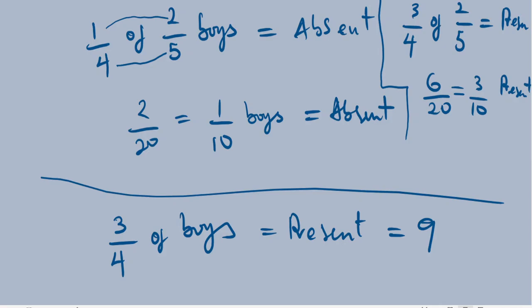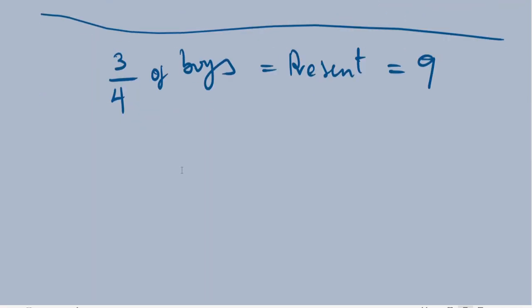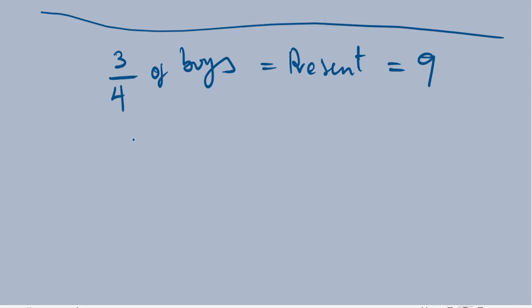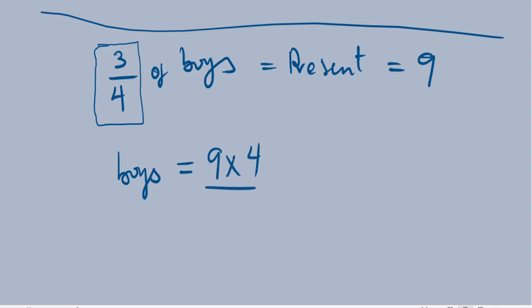So if 3 over 4 of the total number of boys is 9, remember I said when you have something like this, you multiply by the reciprocal of this. So the number of boys will be 9 times 4 over 3, because 3 over 4 of boys were present and there were 9. You just multiply by the reciprocal of 3 over 4. 9 times 4 over 3 will give you 12.